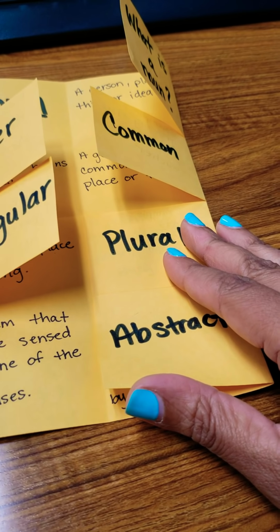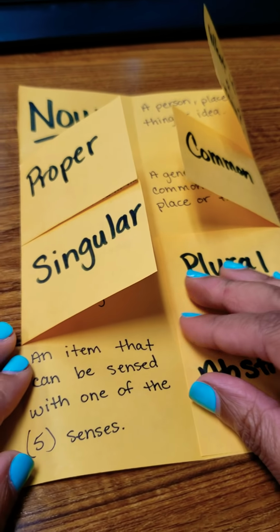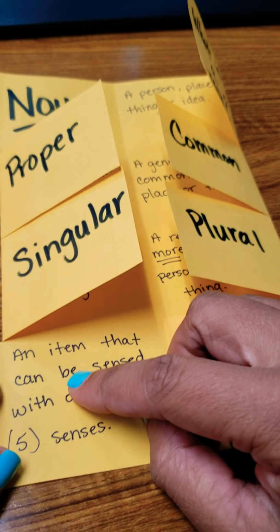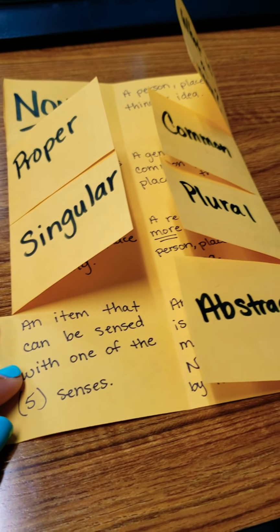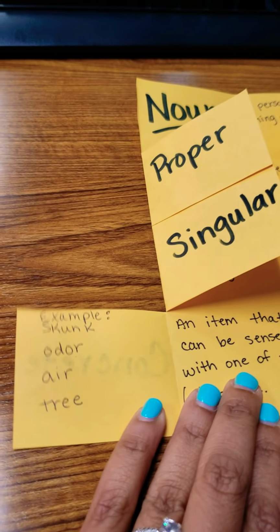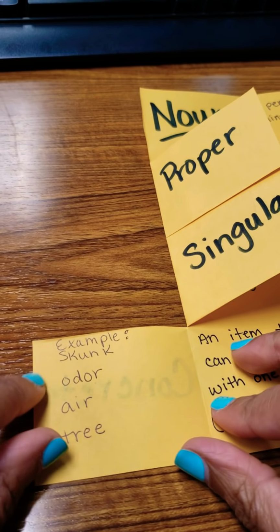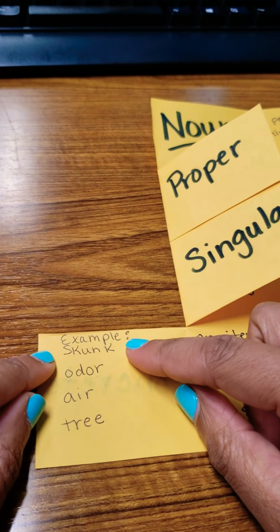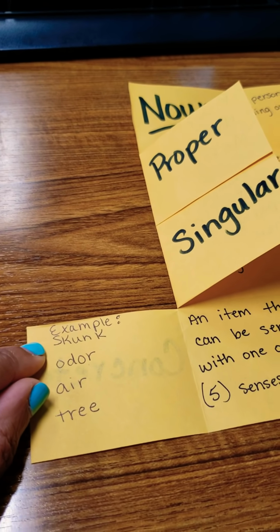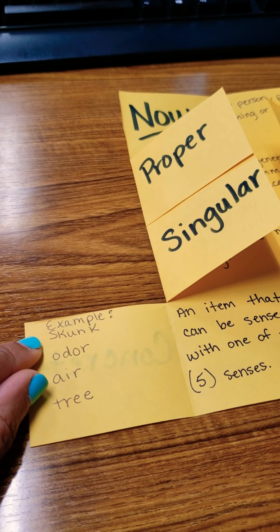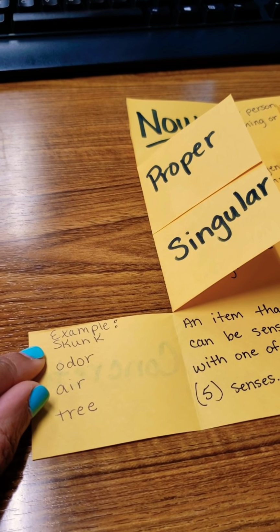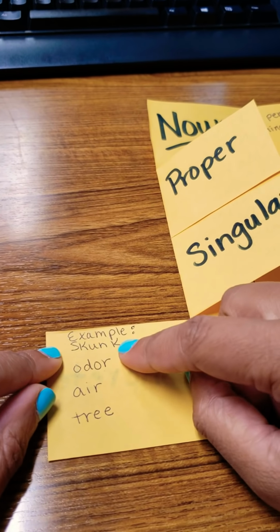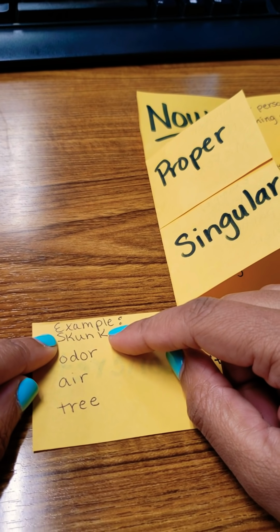Okay, and then for our concrete, it's an item that can be sensed with one of the 5 senses. Here's some examples. So these can be sensed with the 5 senses. And we know the 5 senses are hearing, seeing, smelling, tasting, and feeling. So with the skunk, you can see a skunk.